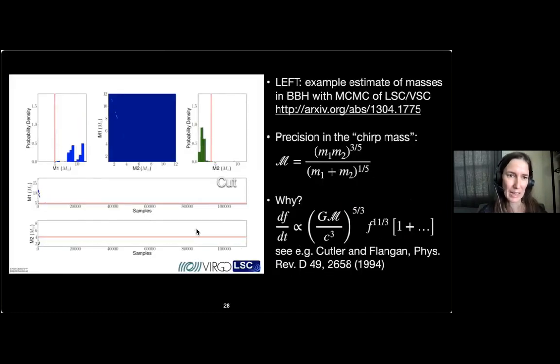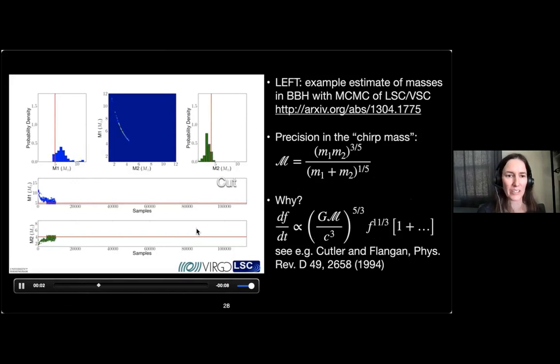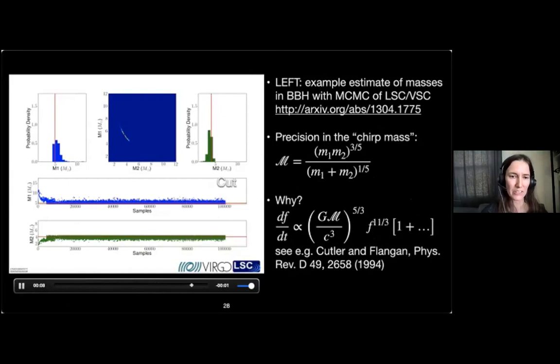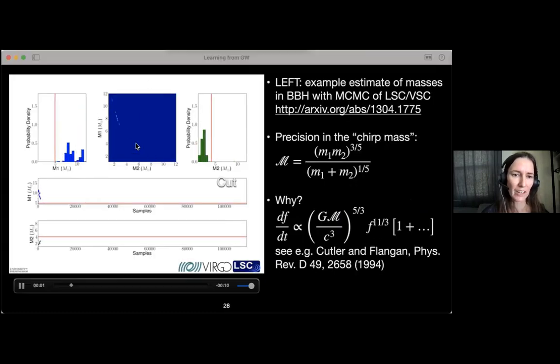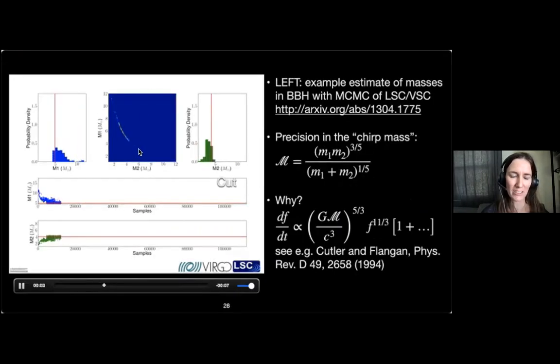So here's an example with a Markov chain Monte Carlo run on an injected binary black hole. The first thing you notice is that if you put a waveform model in for the two component masses, what you recover has a strong correlation between the two masses.